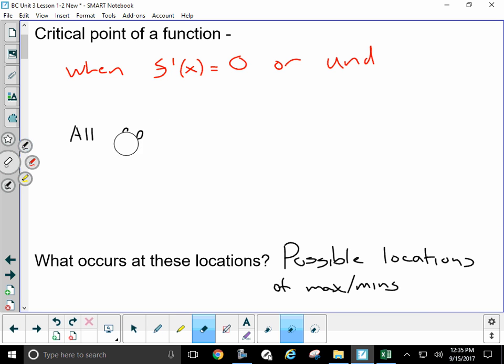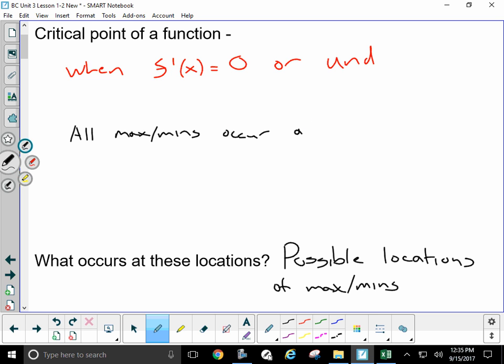All maxes and mins come from critical points, but not all critical points produce maxes and mins.